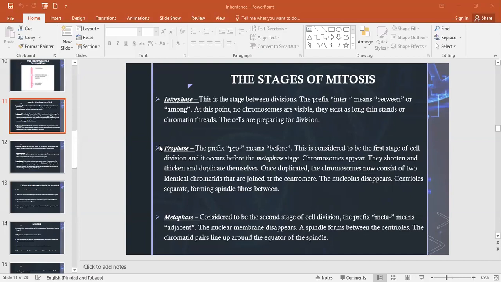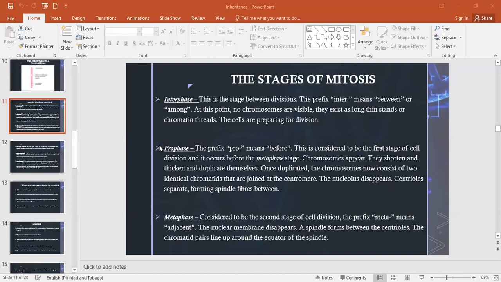And your nuclear envelope will disappear and you will have spindle fibers form as a result. So at prophase, your chromosomes duplicate, so it's no longer 1 chromatid, it is now 2, joined together at the centromere, and then they're going to get ready to divide themselves.